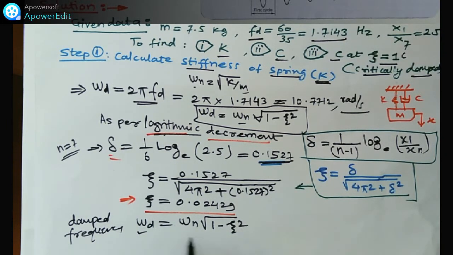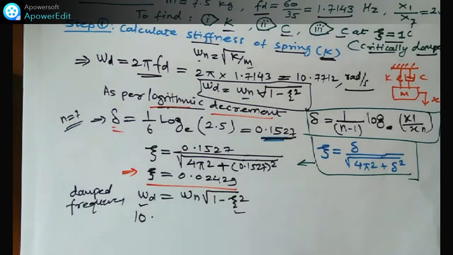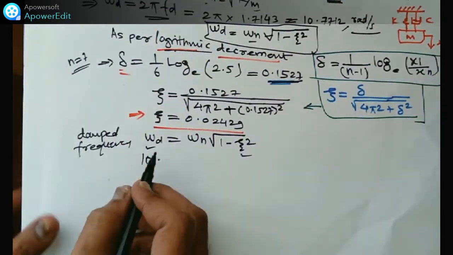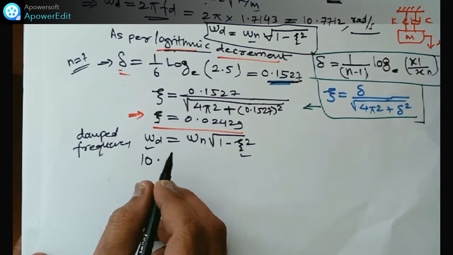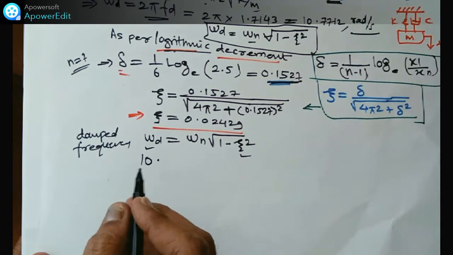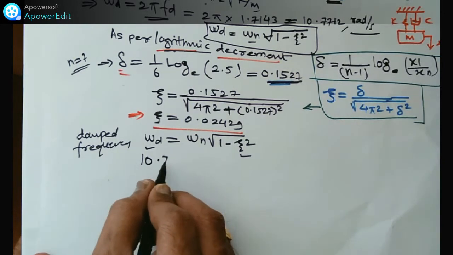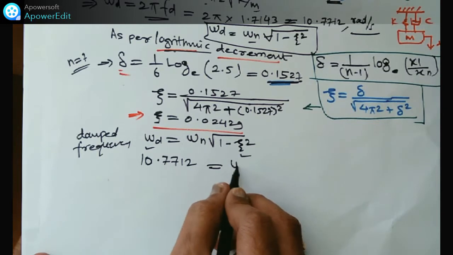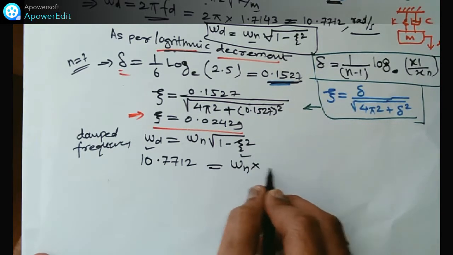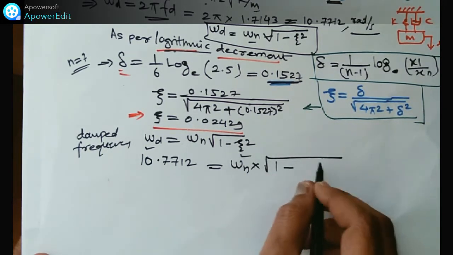The value here, 10.77, I'll write as the value of omega d, the damped frequency in the damped vibration. Already we calculated 10.77, which is equal to omega n, which we have to find out, into inside bracket 1 minus zeta square, zeta already calculated, 0.02429 square.